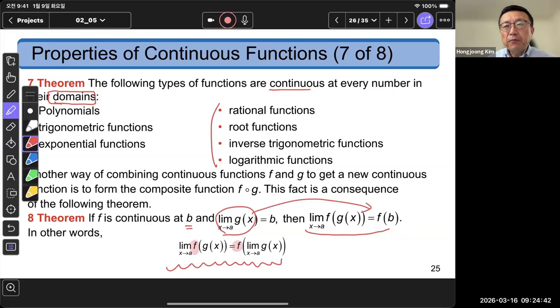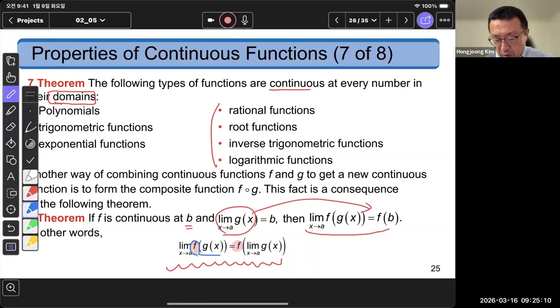So if f is continuous, then Theorem 8 tells you that I can switch these two operations, taking the limit and applying the f function. That means I can consider f of g(x) first, and then let x go to a.